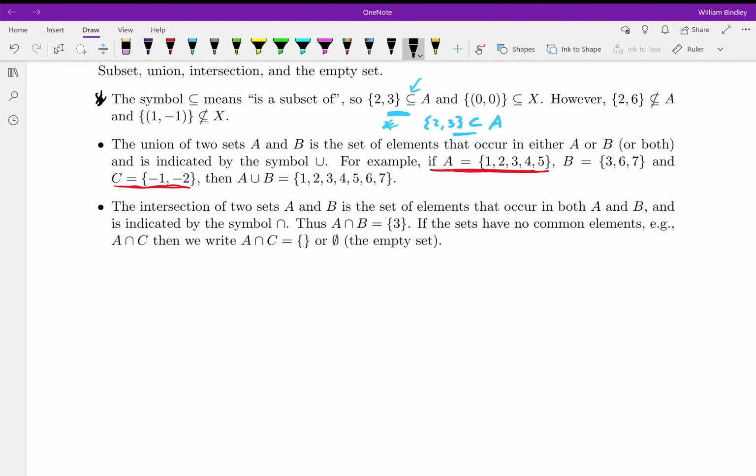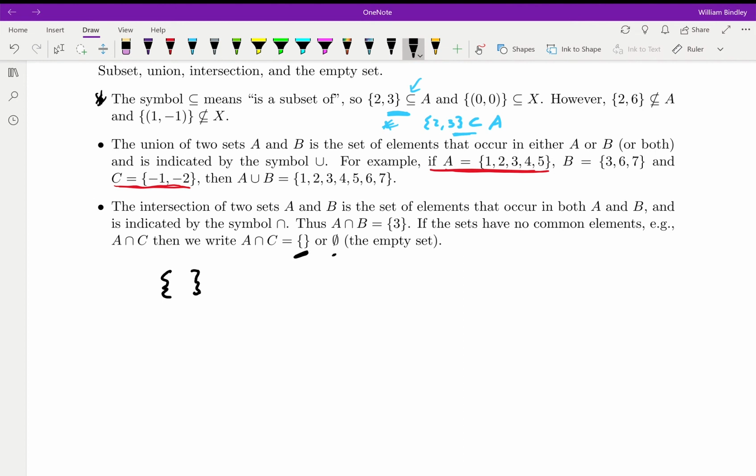It might seem natural to say, well, if they don't have any elements in common, then the intersection of those two sets just wouldn't exist. There wouldn't be a set, but there is in fact a set, and we call that the empty set. This is how that's sometimes written, and that makes sense because it's just a set with nothing written inside it.